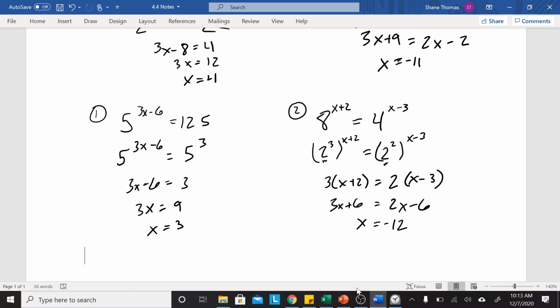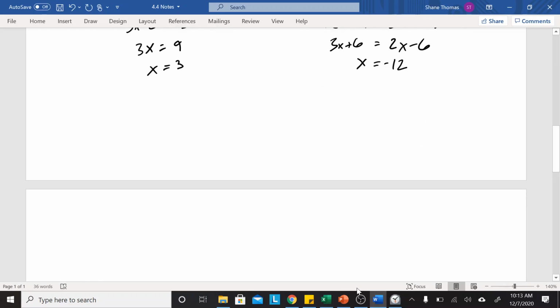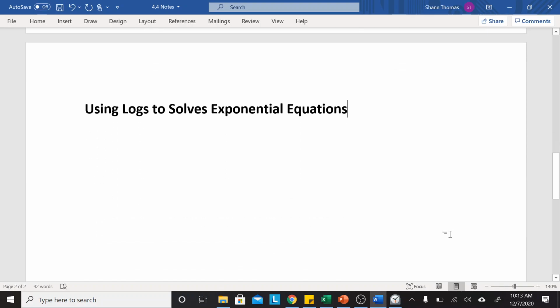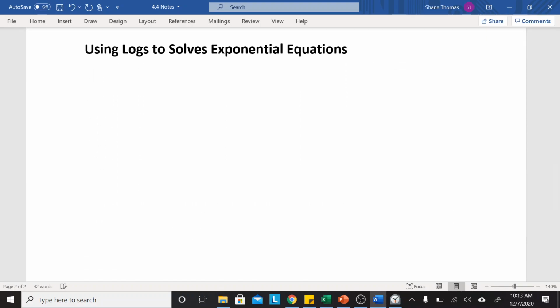All right, so let's use some logs now. If we are going to use logs to solve exponential equations, here's your steps.